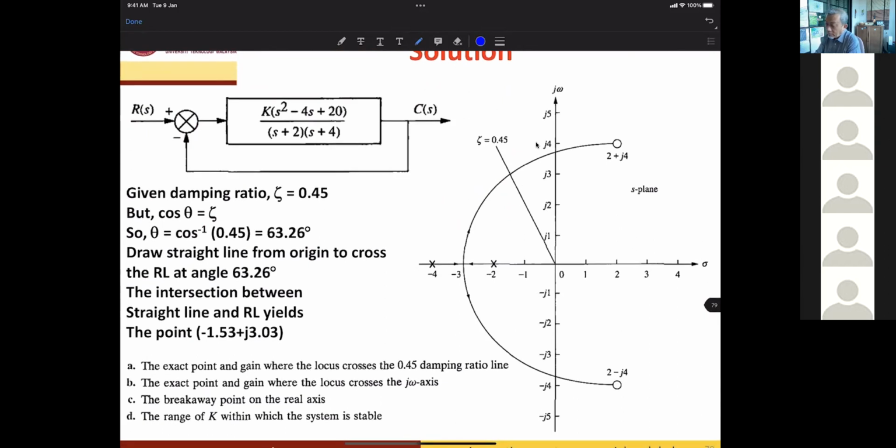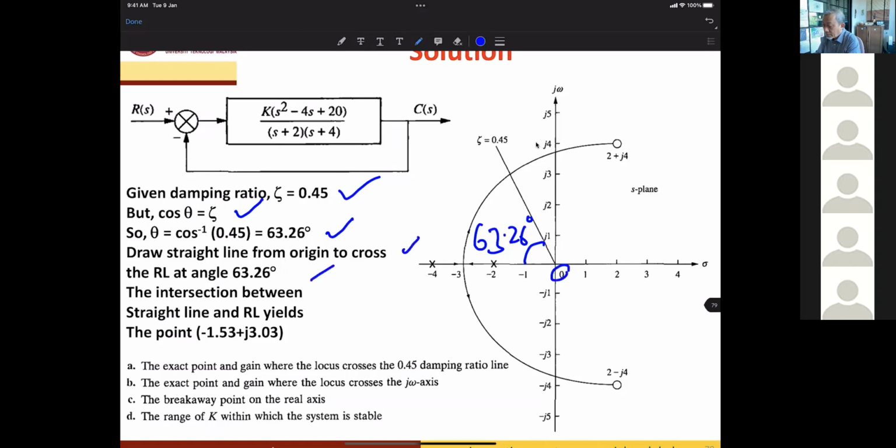Okay, so giving damping ratio 0.45, cos theta equal to zeta, inverse cos 0.45, 63.26, which is located here. Okay, Safona, betul. Then draw a straight line from the origin here and cut the root locus.